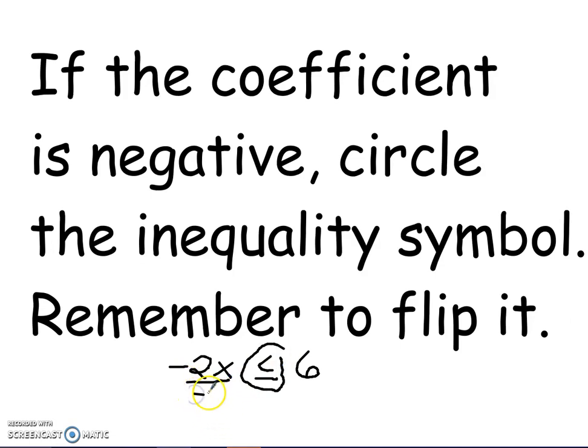So you are going to divide both sides by negative 2. This cancels out. You get positive 1x or x. You flip the less than or equal to to greater than or equal to. 6 divided by negative 2 is negative 3. All right, let's practice.